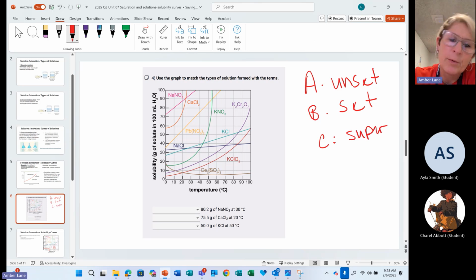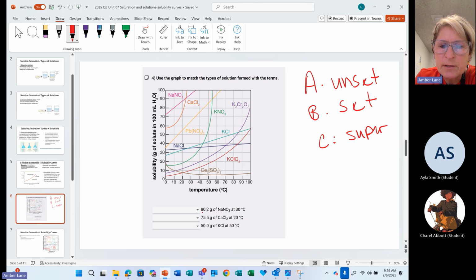So we've got our solubility, our grams of solute on our y-axis, and our temperature in degrees Celsius on our x-axis. As you can see, you've got all these different types of solubility curves because you have all of these different types of substances. And each substance is going to dissolve differently and at a different rate at certain temperatures.